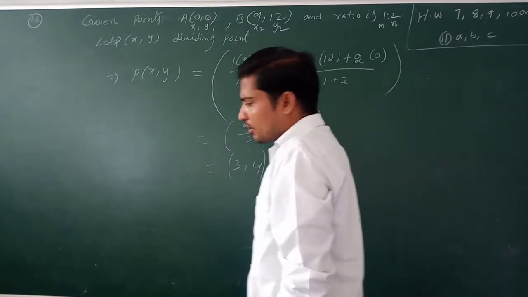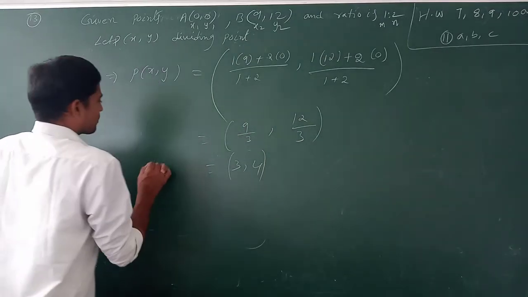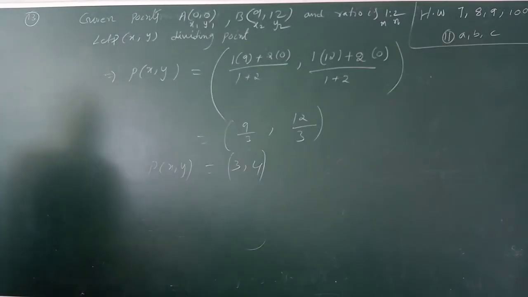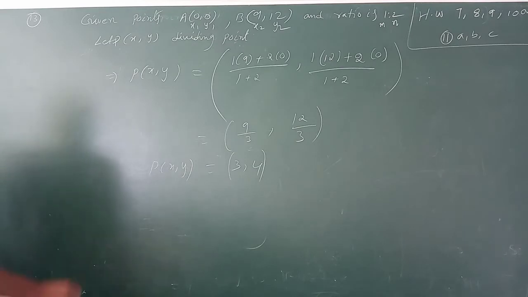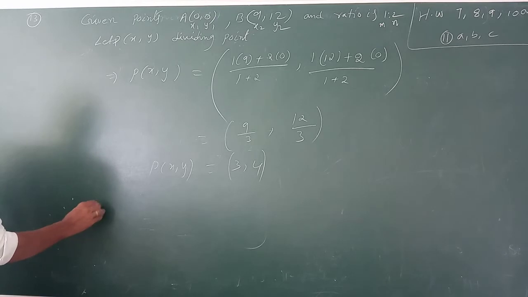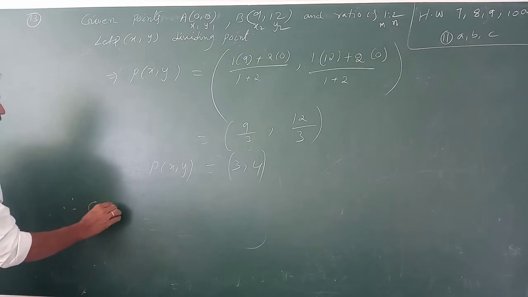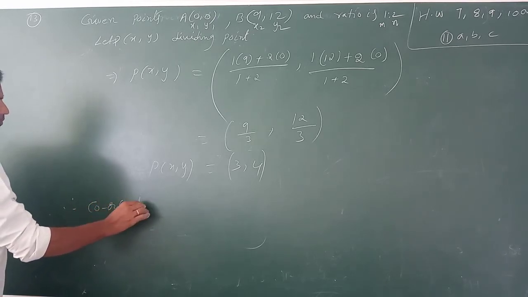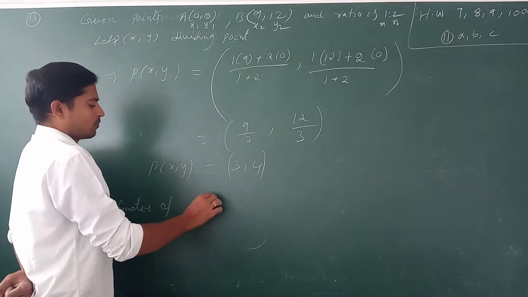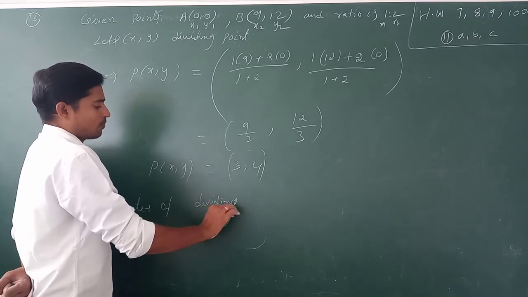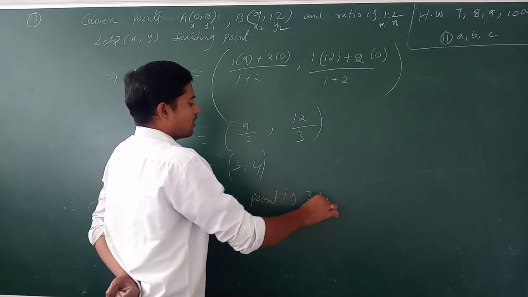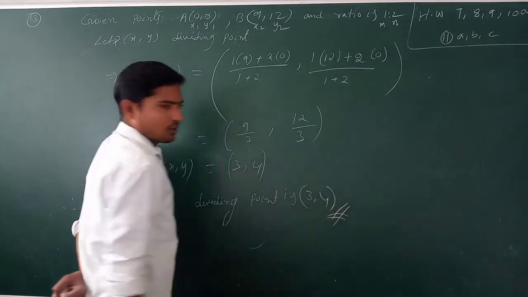Therefore the coordinates of the dividing point is (3, 4). Right?